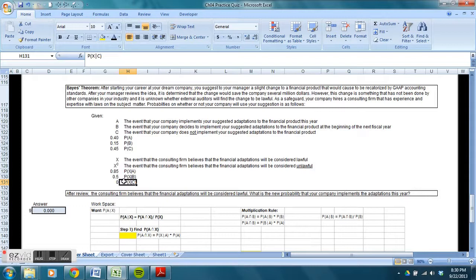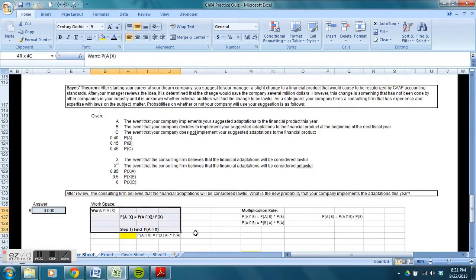Although we were really only interested in the probability that the company implements the adaptations this year, since it's known that the consulting firm believes the adaptations will be considered lawful, we want the probability that the adaptations will be implemented this year, given that the consulting firm considers it lawful, because we know that to be true. So this is exactly what we want right here.